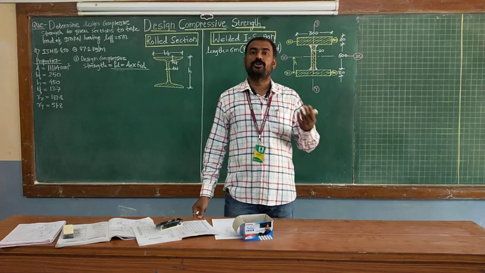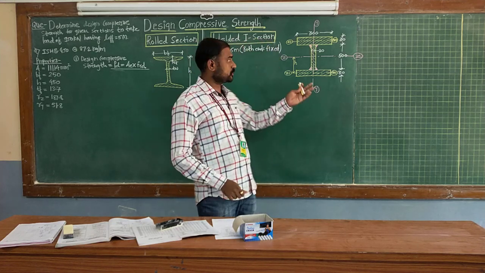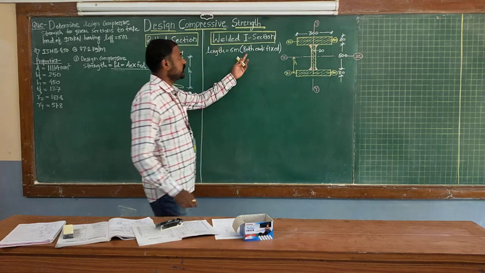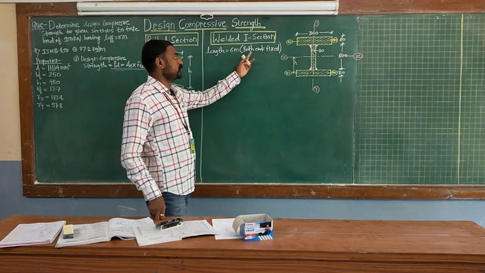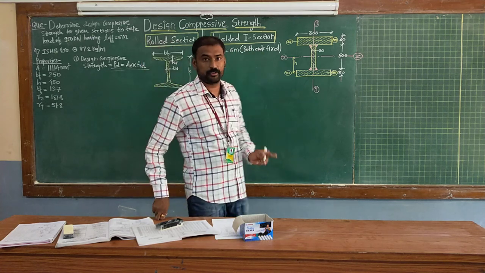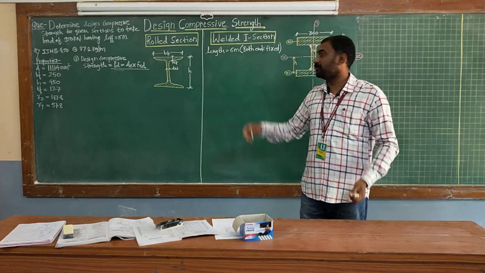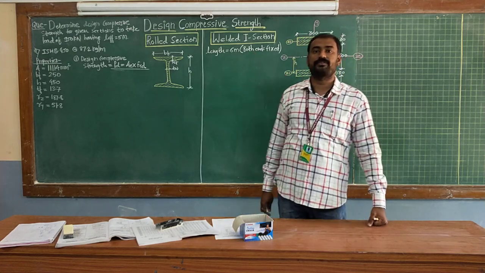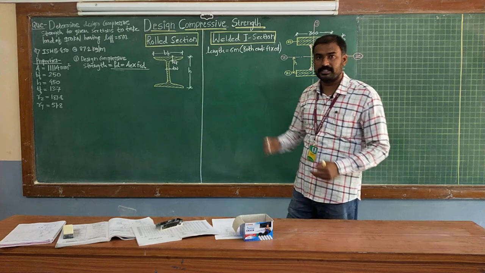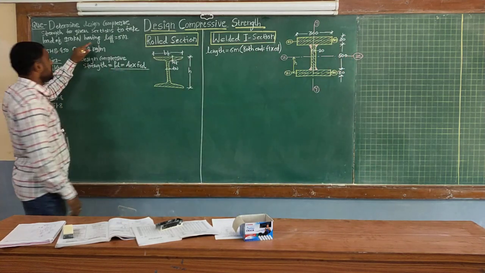Based on that you need to refer to table number 11 for calculating the effective length. For example, in the second numerical the end condition is mentioned, that is both ends are fixed. For such cases you need to refer to table number 11 for the K factor, and multiply that K factor with the given length to calculate the effective length. That step is reduced in this numerical, as the value of effective length is directly mentioned.